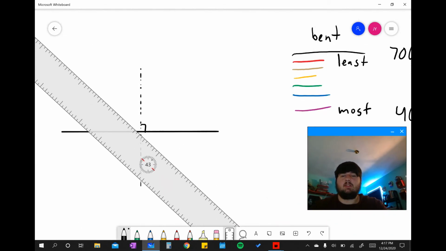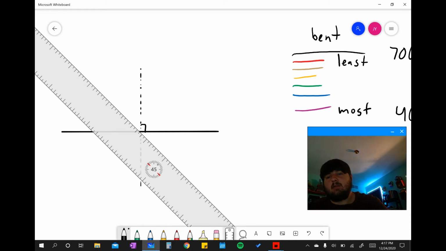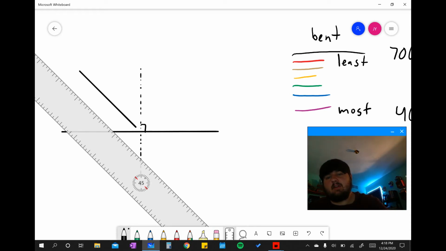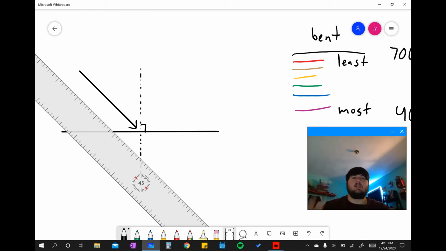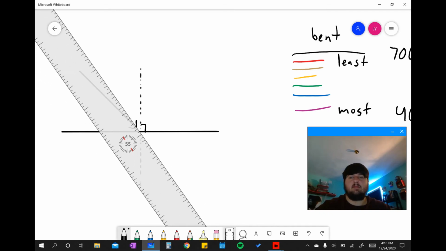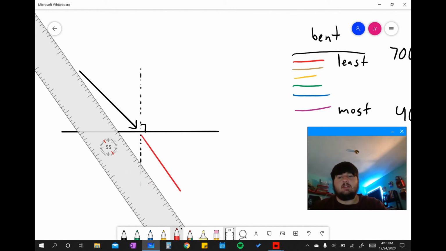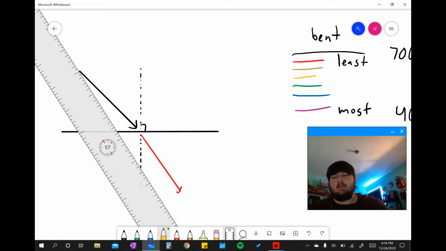So what do I mean by this? Let's say we've got white light represented by my black marker, comes in at 45 degrees. That means that when it crosses that boundary of refraction, let's say it bends by 10 degrees or so, your red light is going to be the least bent of all the colors. And then you've got orange, and let's combine this orange and yellow.